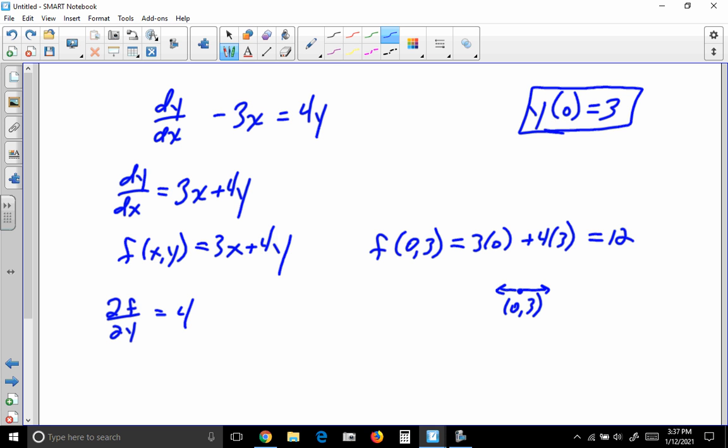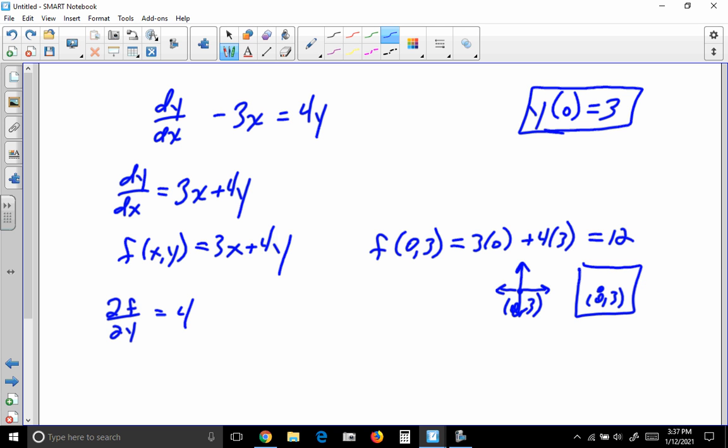How about in the y direction? If I go above 3 or if I go below 3, I'm still okay, because substituting 3 in for y is good. If we substitute something a little bit less than 3, we're okay. Something a little bit more than 3, we're okay. So we can go in either direction. So there does exist a rectangle that includes our initial value for which that function is continuous.